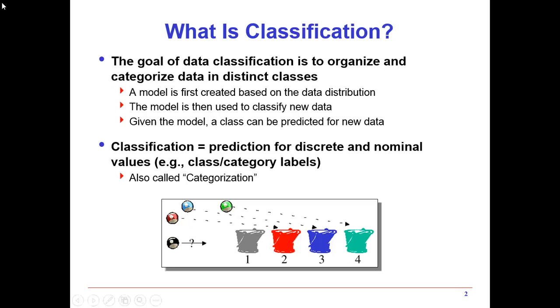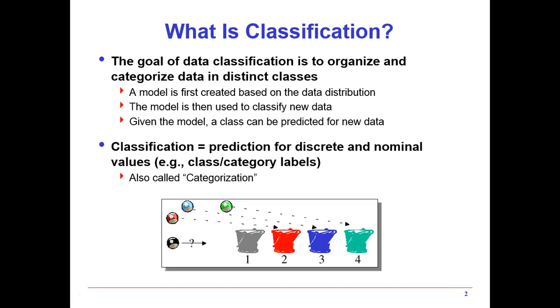So classification is the prediction of discrete and nominal values like class labels, category labels, etc. It's also called categorization because categorical variables can be used in classification, like true false values, yes no values. If you are talking about true false or yes no, it's a two class problem.